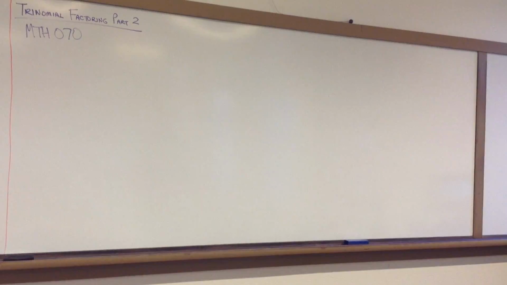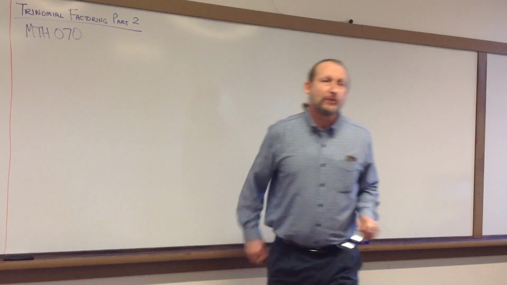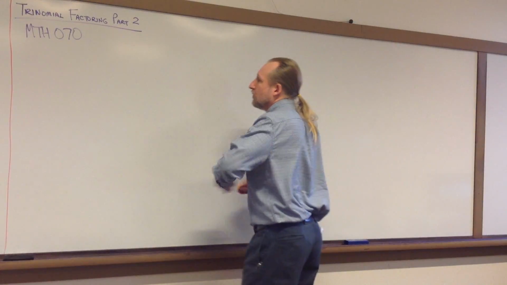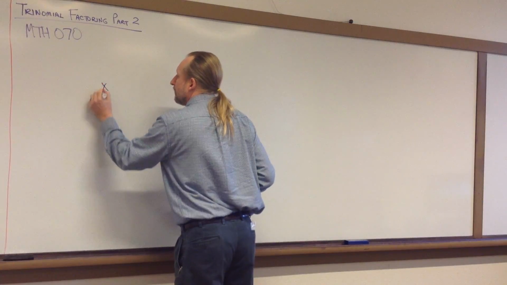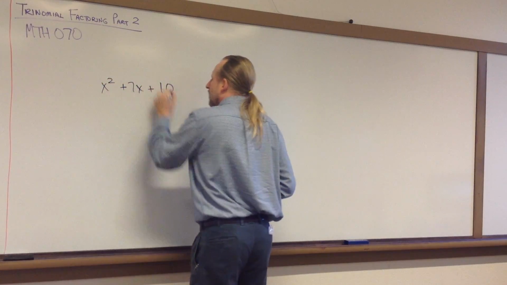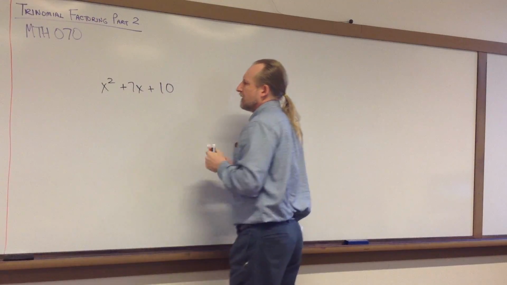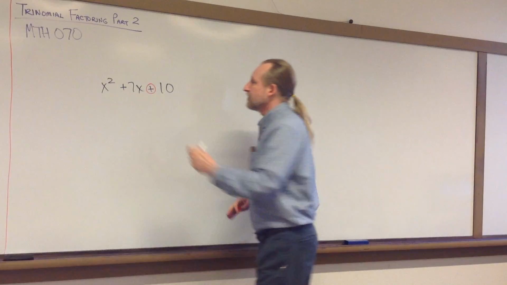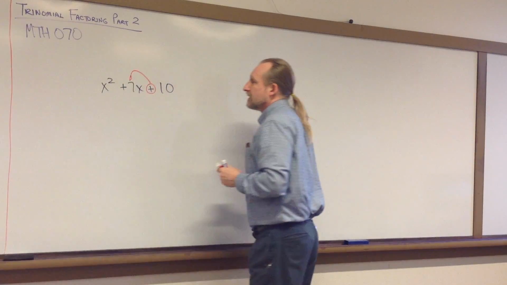This video is for Math 70, and this is part 2 on trinomial factoring. Quick review. In part 1, we talked about factoring an expression that had a plus sign in front of its last term. And that told us that we wanted to find factors of 10 that added up to be 7.